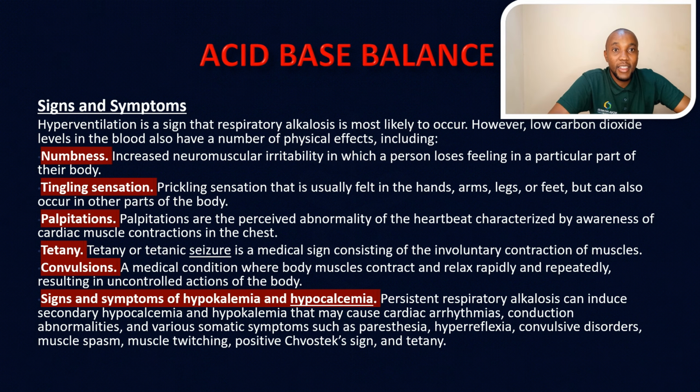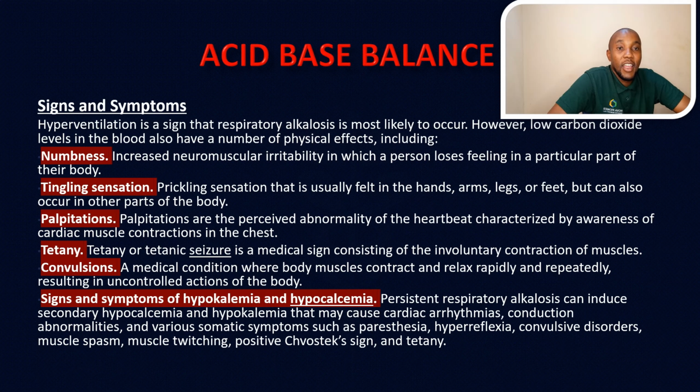Let us now look at the signs and symptoms of respiratory alkalosis. Remember, we said that in respiratory alkalosis, we have overstimulation of the respiratory system. And when the respiratory system is overstimulated, we have hyperventilation. So hyperventilation is a sign that respiratory alkalosis is most likely to occur.